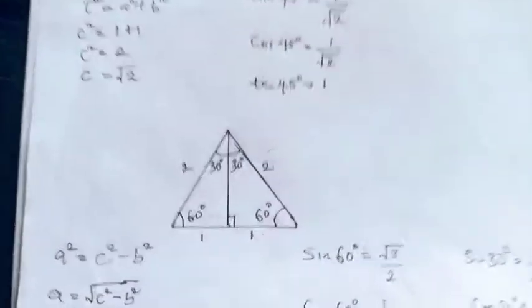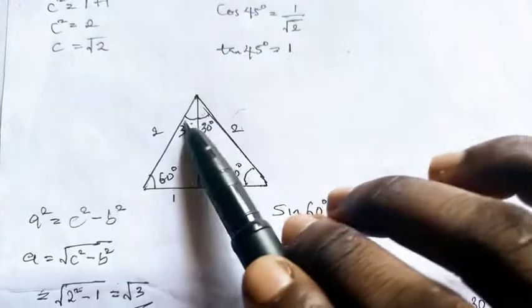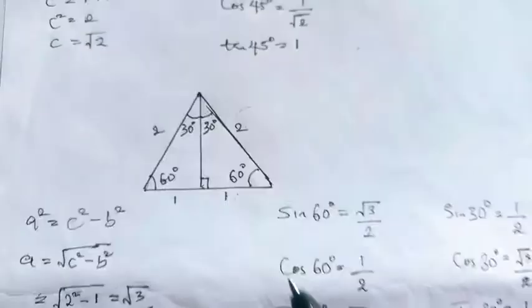So dividing this into 2 equal halves, I have 30 here and 30 here.